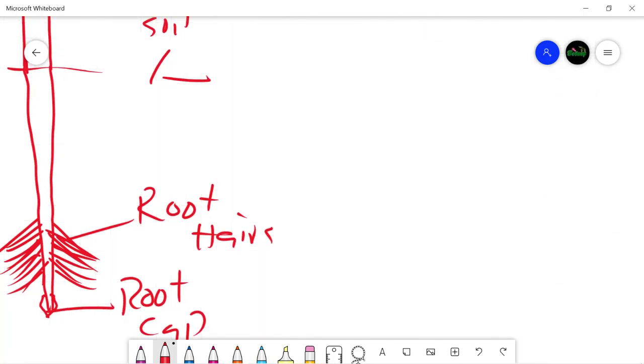Now as far as the origin of the root is concerned, how root is formed, or from which part of the plant it originates.